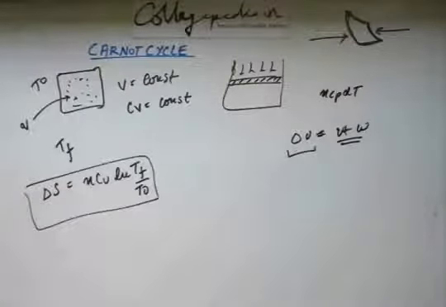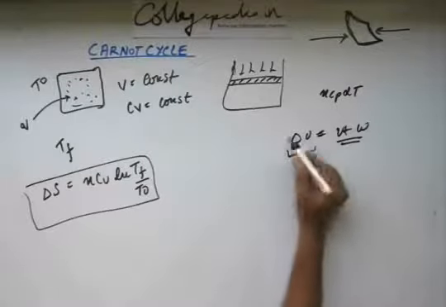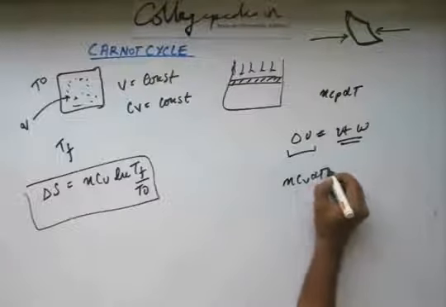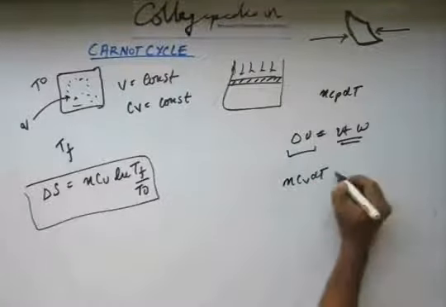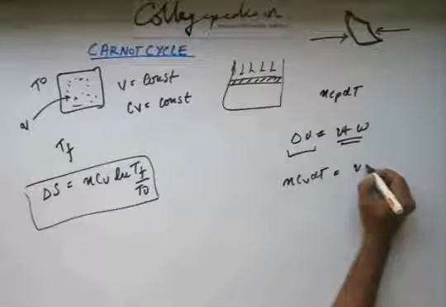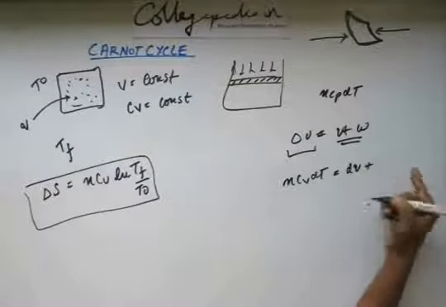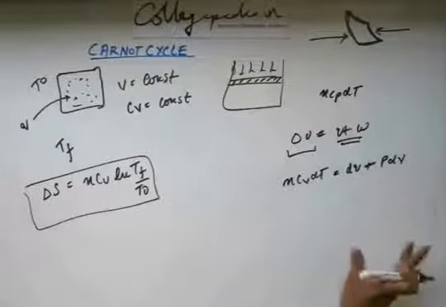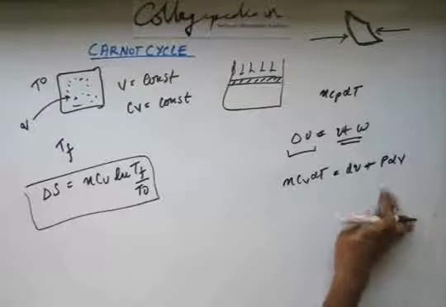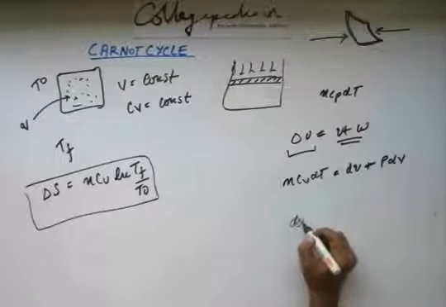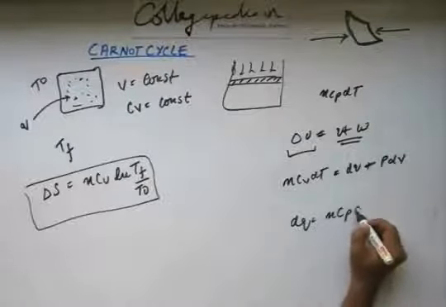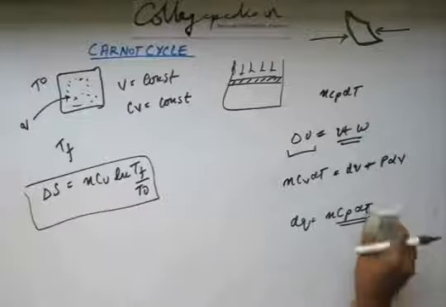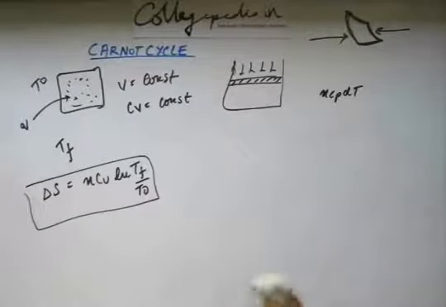Now for an ideal gas, the increase in internal energy is always equal to nCv dT. This we discussed before, and work, small amount of work, is equal to minus pdV. This is the definition of work we have seen. Now when you take this to the other side, then dq becomes nCp dT.